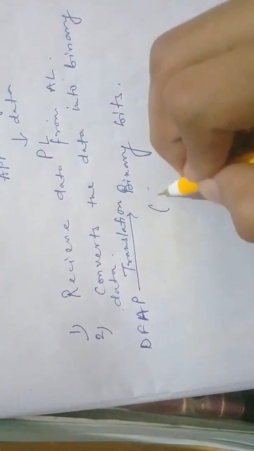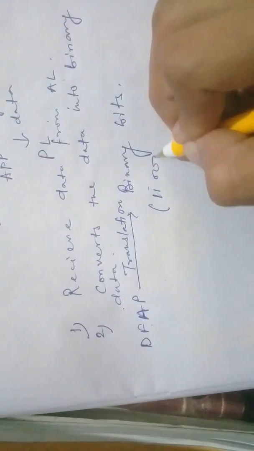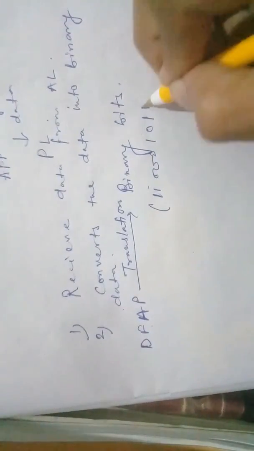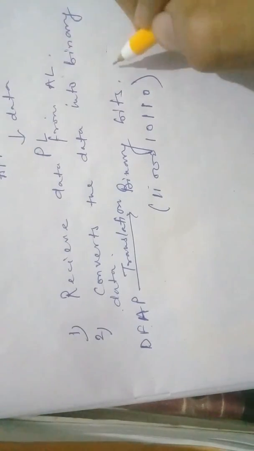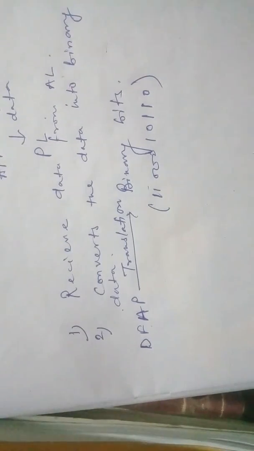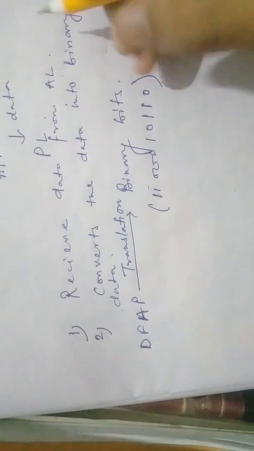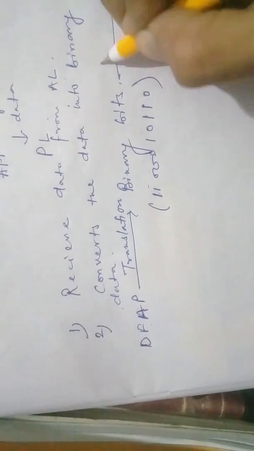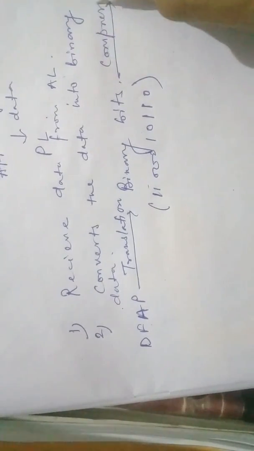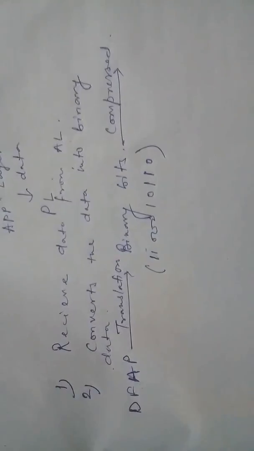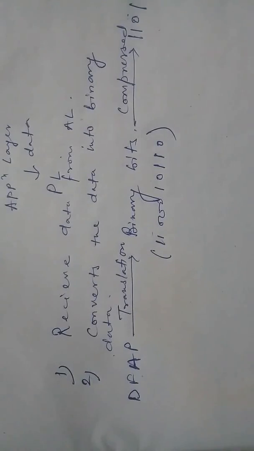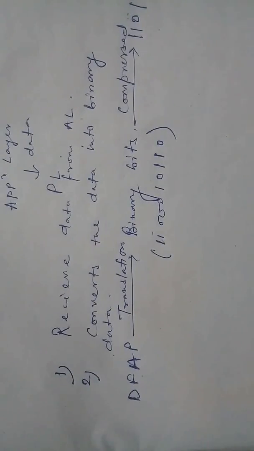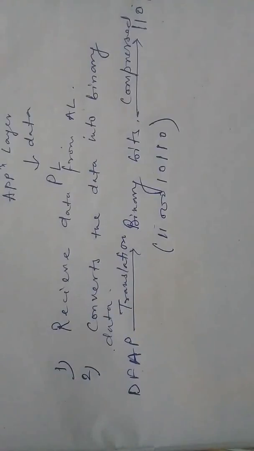Suppose it is converted to 11001. This is a large binary string, and to reduce the space taken by these bits, it should be compressed to small bits. Suppose it is compressed to 1101. Then it takes less space while giving the same information about the data, and it's faster.